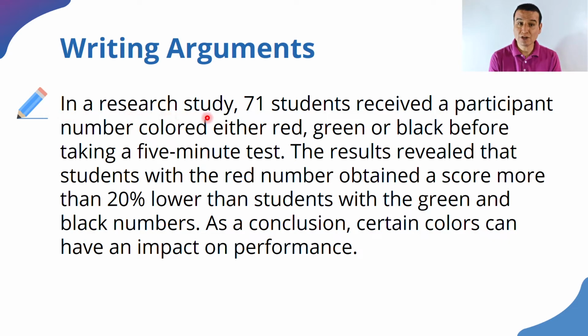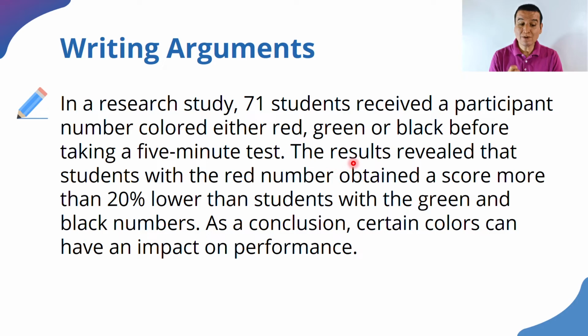In a research study, 71 students received a particular number colored either red, green, or black before taking a 5-minute test. All right, they were given a number, and my number could be red, my number could be green, or my number could be black. And then I take a test. So it's performance.